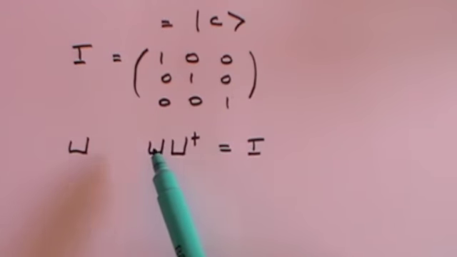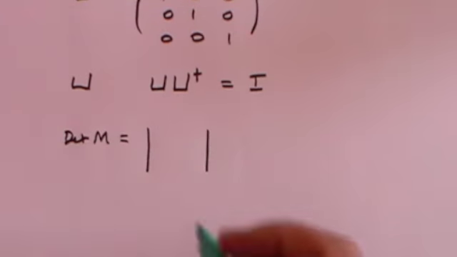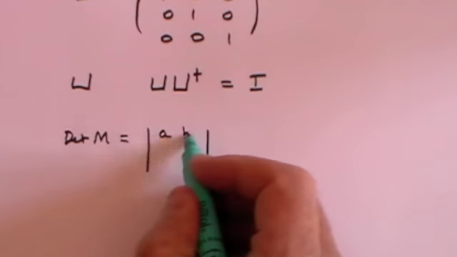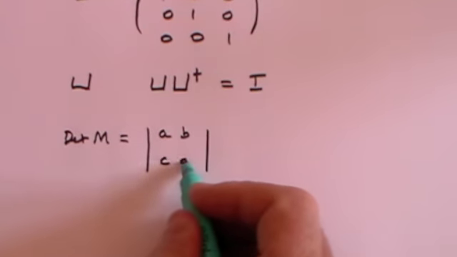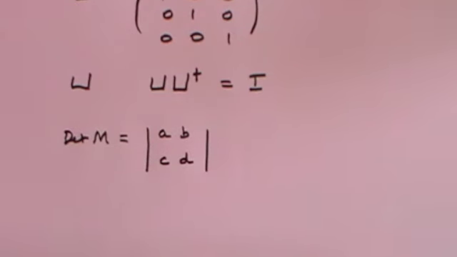Then I need to explain to you what a determinant is. If we want the determinant of matrix M, we write that with straight lines rather than with curly brackets. I'm going to do a 2 by 2 matrix, A, B, C, D, where A, B, C and D will all be complex numbers.